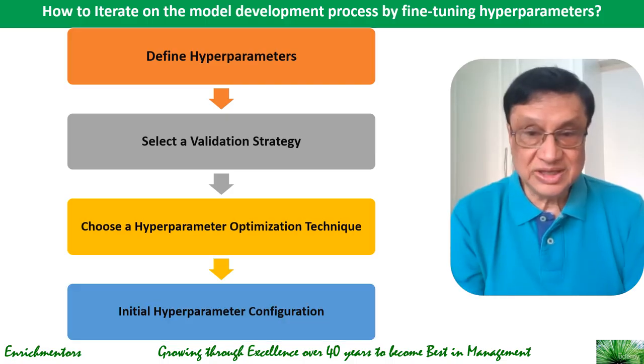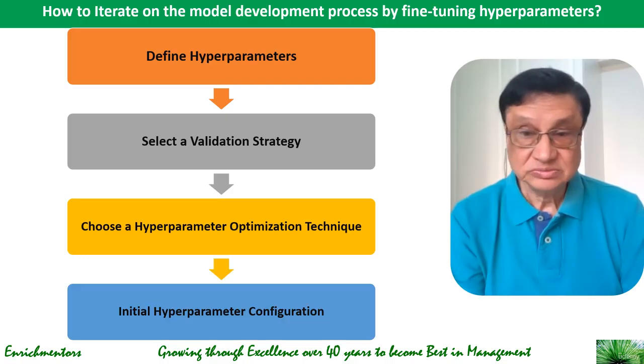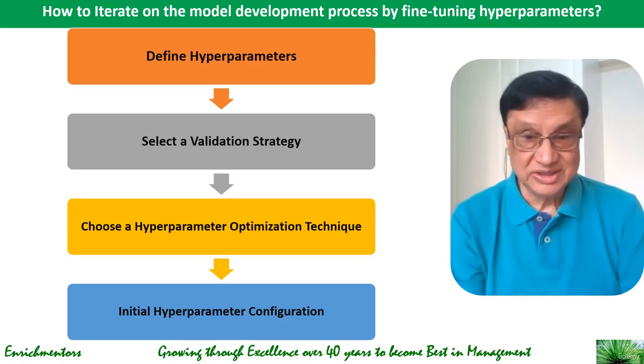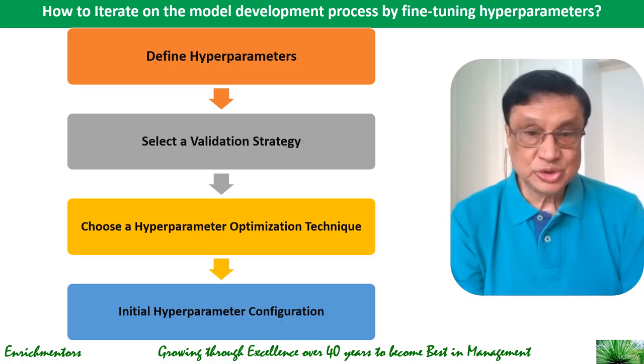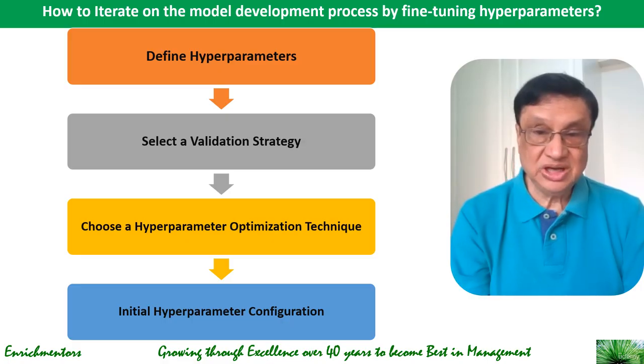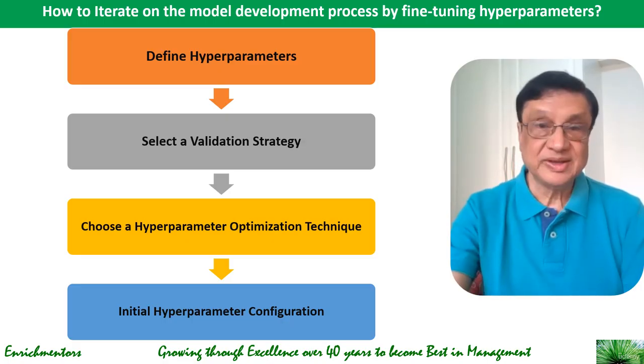Then you choose an initial set of hyperparameters based on intuition, previous experience, or defaults given by the programs. And then you train the model using chosen hyperparameters and evaluate the performance on the validation set. So that's what you do in initial hyperparameter configuration.